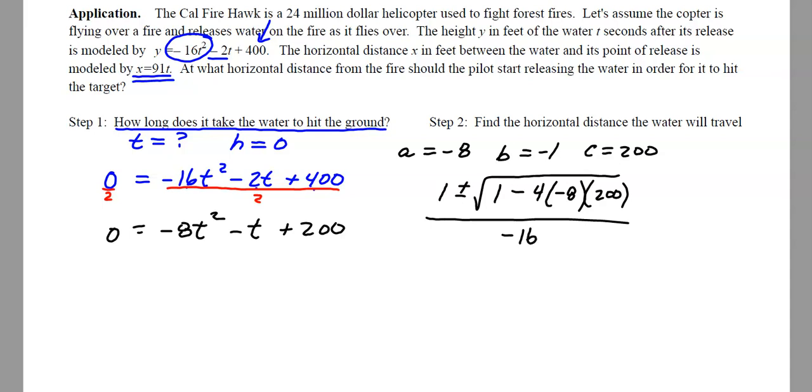All right, I've got a big old number here I've got to deal with. So what do we have? We have 800 times negative 8, so that's 8 and 8, that's 6,400 positive. 1 plus, because these two negatives can be positive, so 1 plus 6,400, all divided by a negative 16.